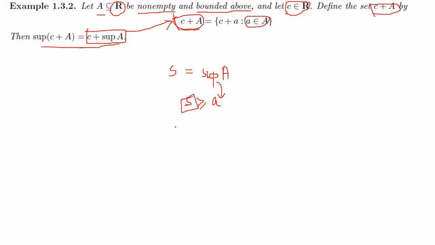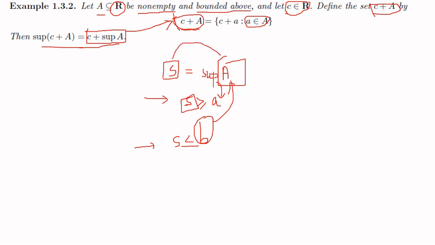Second, if B is any other upper bound of the set A, then S should be less than or equal to B. So if these two conditions are satisfied, then we call S the supremum of the set A. This is the definition of supremum.